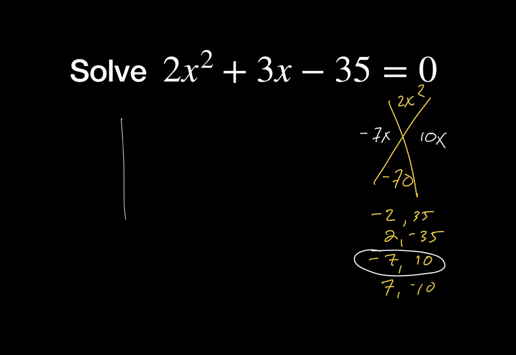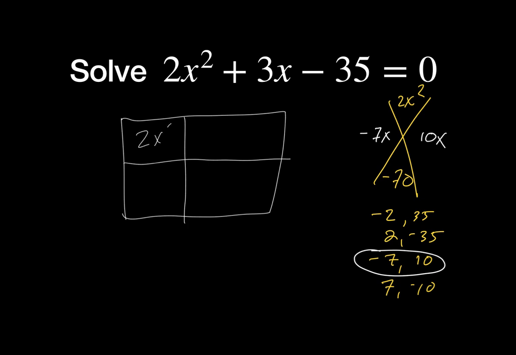So now in the x, now I have to make my box. 2x squared and negative 35. The most common mistake is people put the 70 over here. I use the negative 70 in the x, but in the box, I use the first term and last term. Last term, first term. These numbers here, that's what comes from the x.